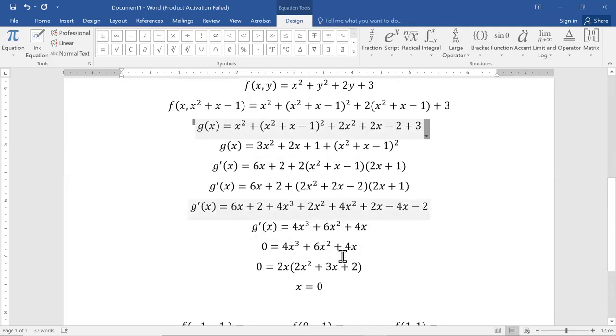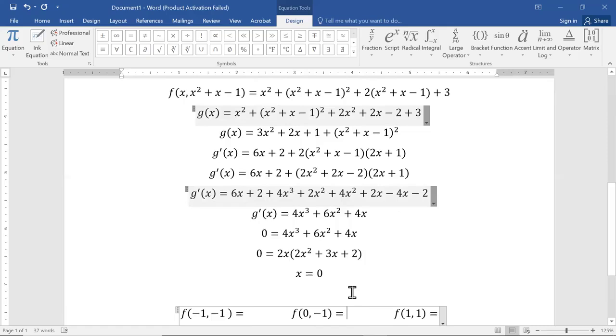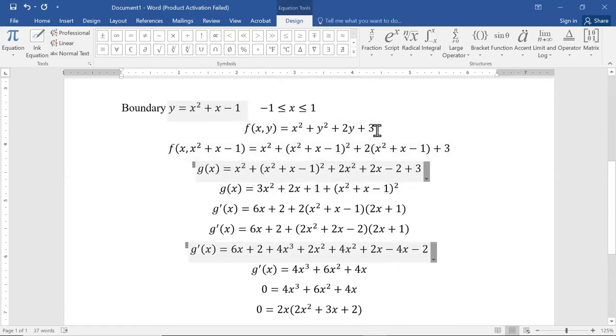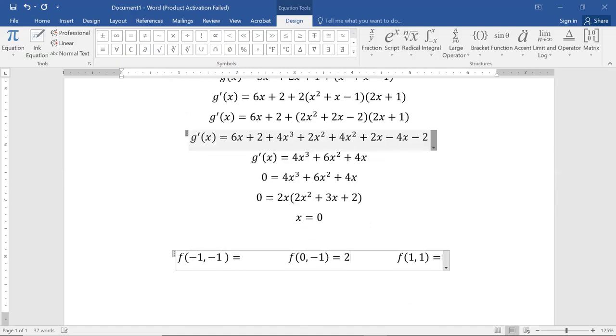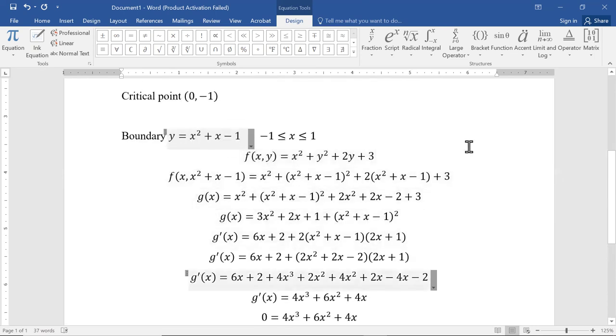In our last problem, we plugged that into our original function. And we got a 2. If I plug in -1, -1 into my original function, I mean this one, I get a 3.